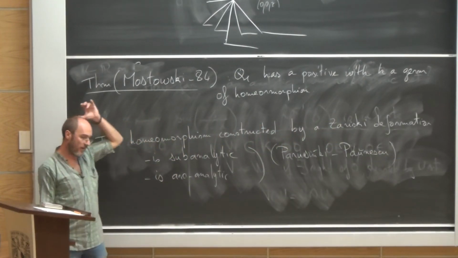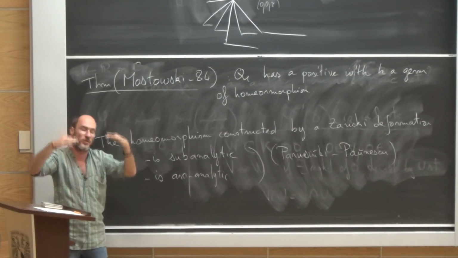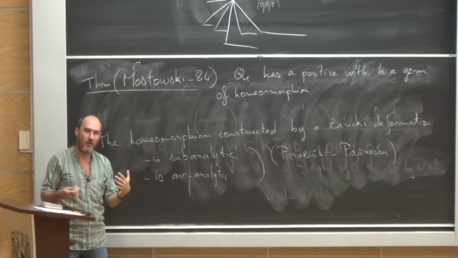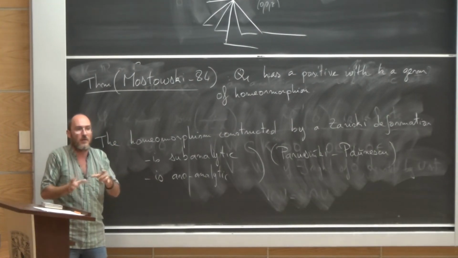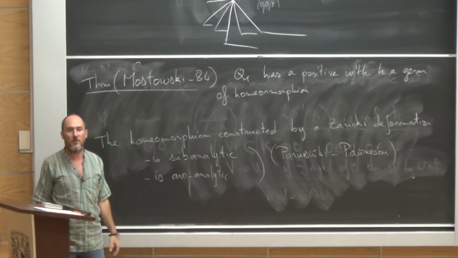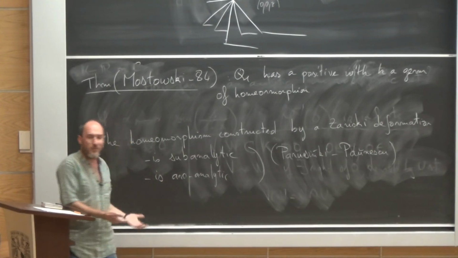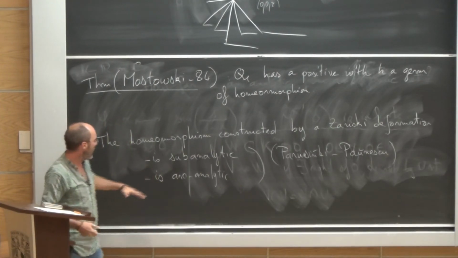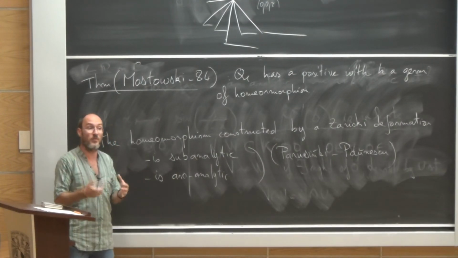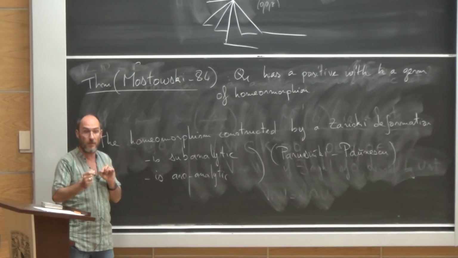So subanalytic means that the graph of this homeomorphism is locally the projection of some analytic set. So it's not analytic, but it's piecewise the projection of some analytic set. So we have some kind of regularity property, because a homeomorphism can be very wild in general. And arc-analytic means that the graph of the homeomorphism is analytic along real curves.